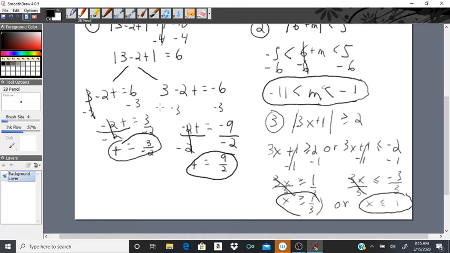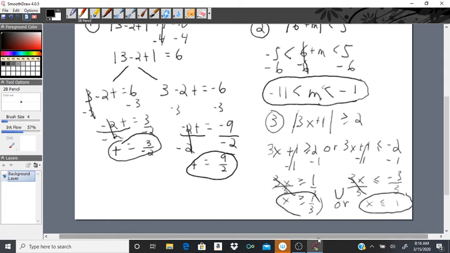What's the fancy way to write this? We've talked about this before in class, I believe earlier in the semester. The fancy way to write this would be that x is greater or equal to 1/3, and instead of the or, we'd have a union sign.